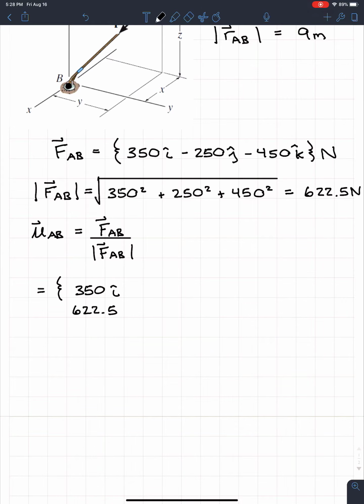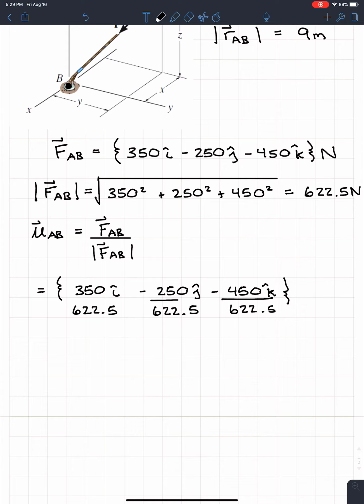And then we also have to go minus 250j, which is also divided by the 622.5. And then minus 450 in the k direction, and again we divide it by 622.5.